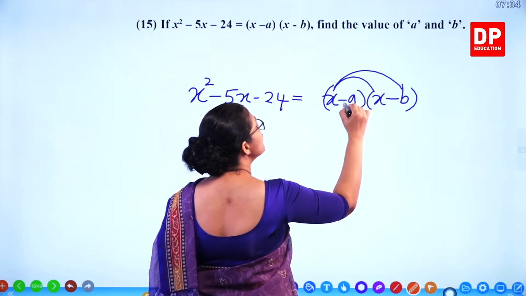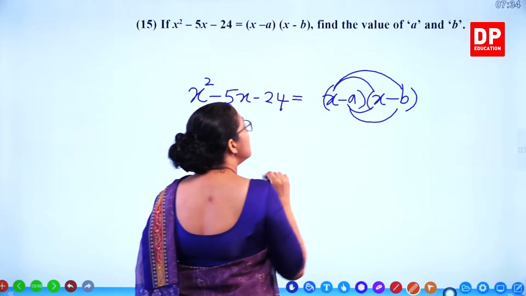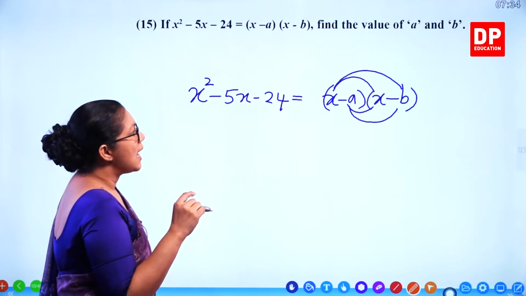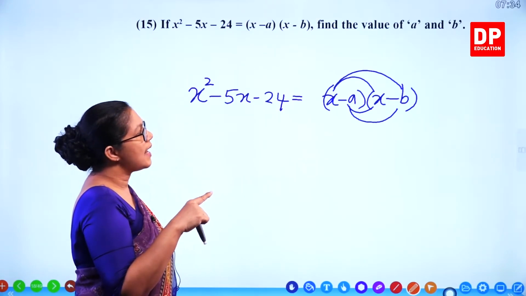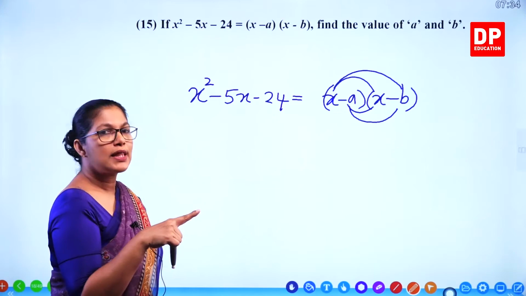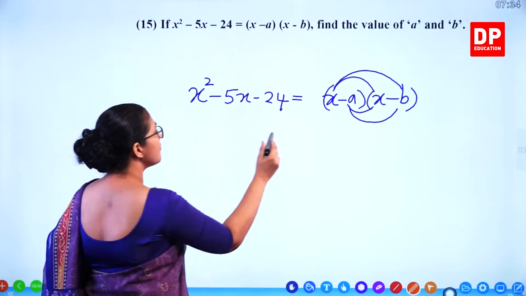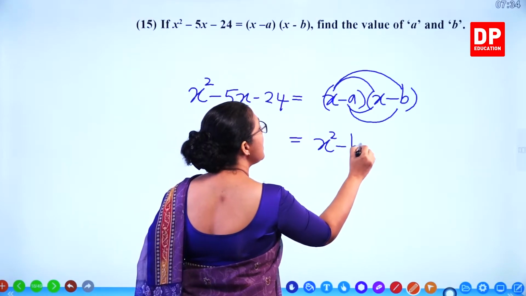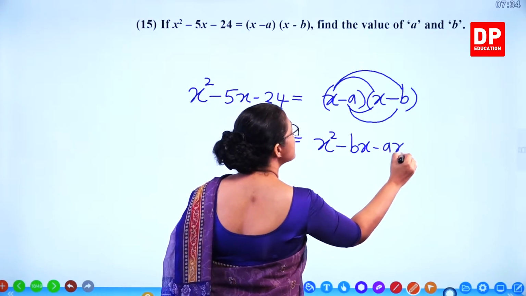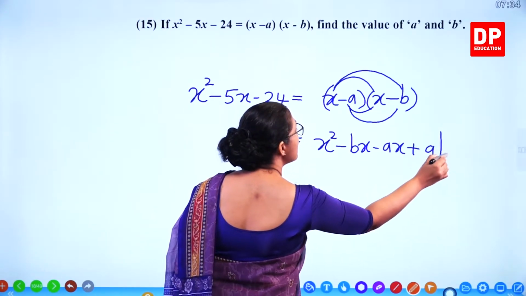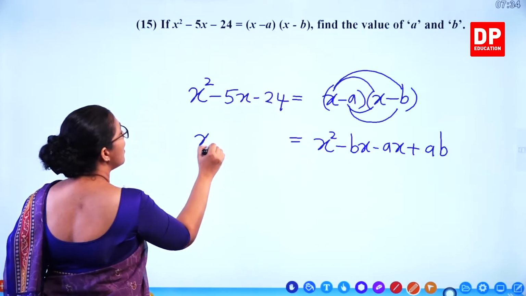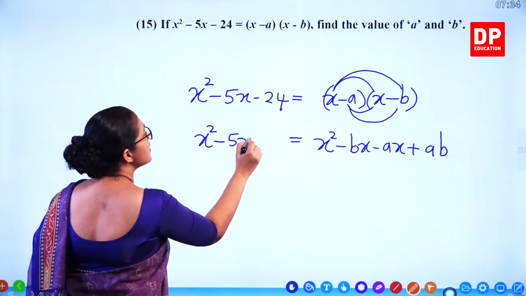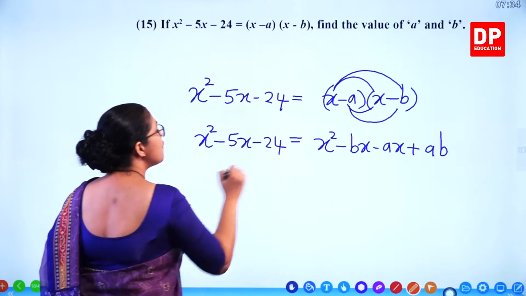Use FOIL, first with first, outside with outside, inside with inside, and last with last. X squared minus bx minus ax plus ab. Now we'll compare. This is equal to x squared minus 5x minus 24.